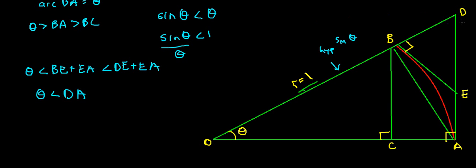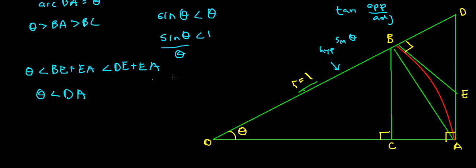Now that I have this big side of this triangle, I can go back to theta and have a look at what ratios I can use. It doesn't make sense for me to do sine again because I don't know the length of BD. But I do know the length of OA. Because this is a unit circle, this is going to be the radius. So I know the adjacent side, and I need the opposite side. So I can use tangent, which is opposite over adjacent.